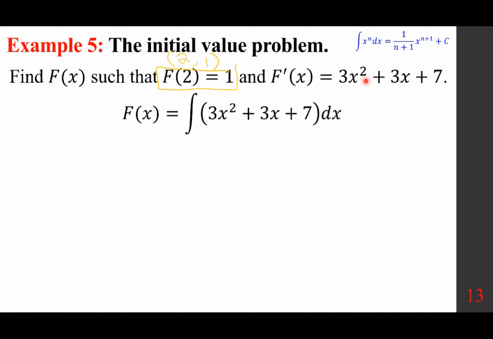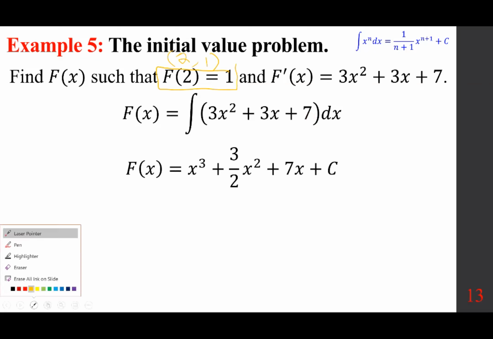This one gives you x cubed, 3/2 x squared, plus 7x and a constant. General solution.